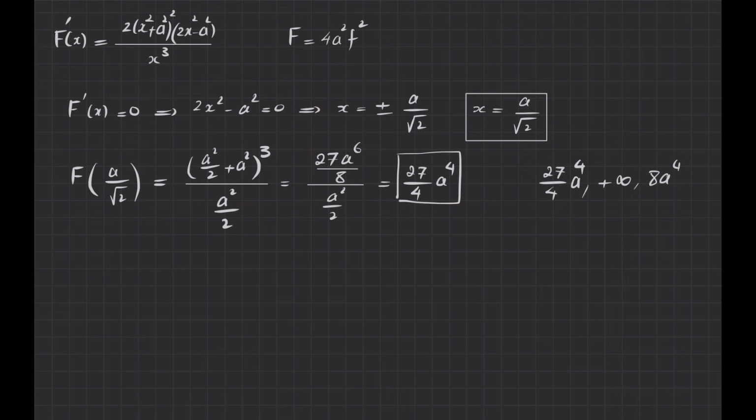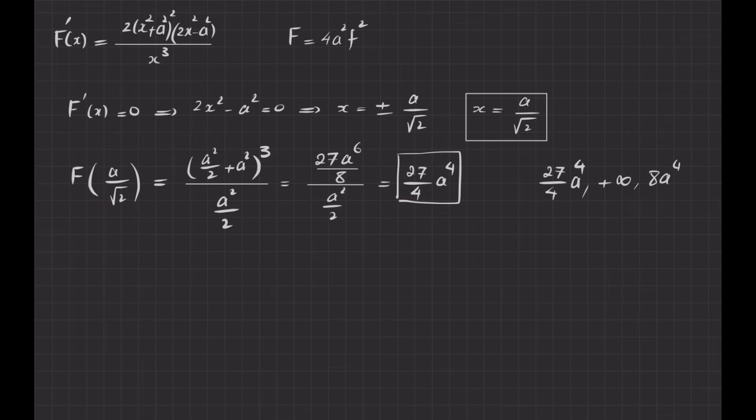If I ask you which number is smaller among these three numbers, you immediately realize that this number is smaller. So what does this mean? This means that this quantity is the minimizer. It is the minimizer of the capital F, but as I told you before, it's also the minimizer for little f. So this is the minimizer of the function.